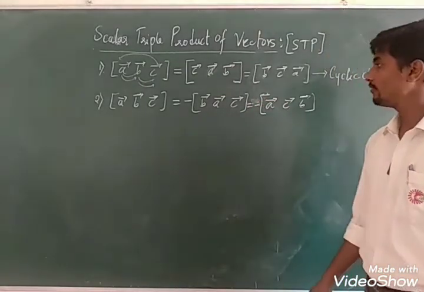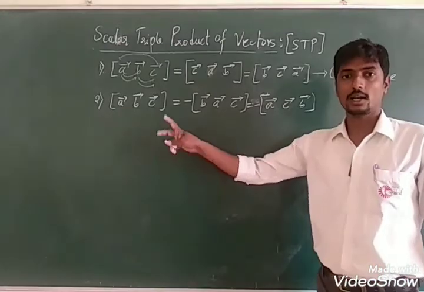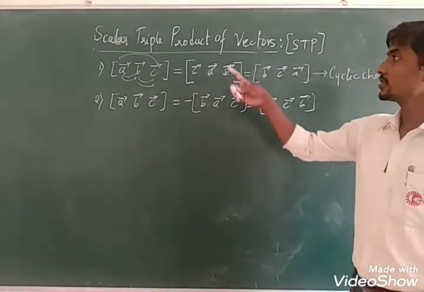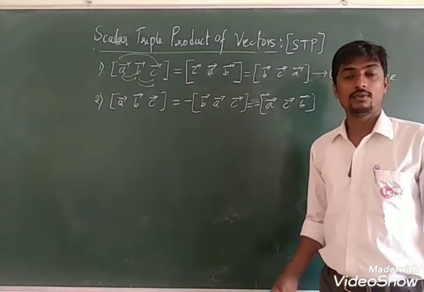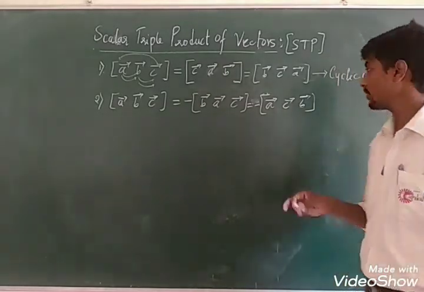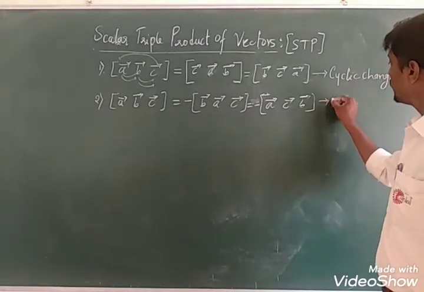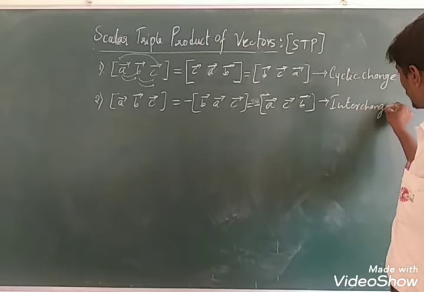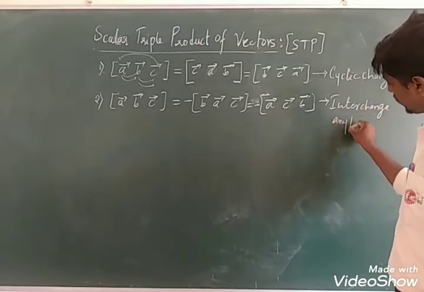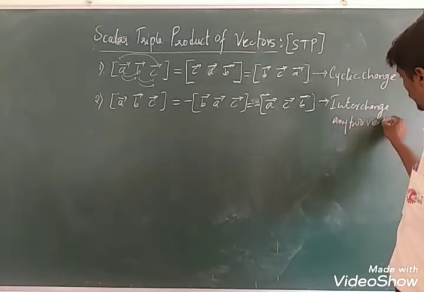So if any two vectors are interchanged, then the scalar triple product of the vectors gets multiplied by minus one. Interchange any two vectors.